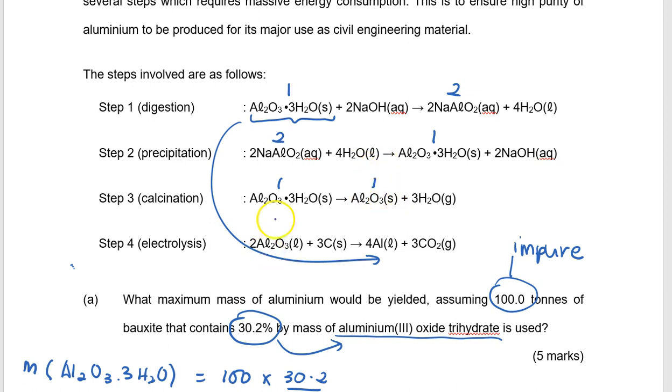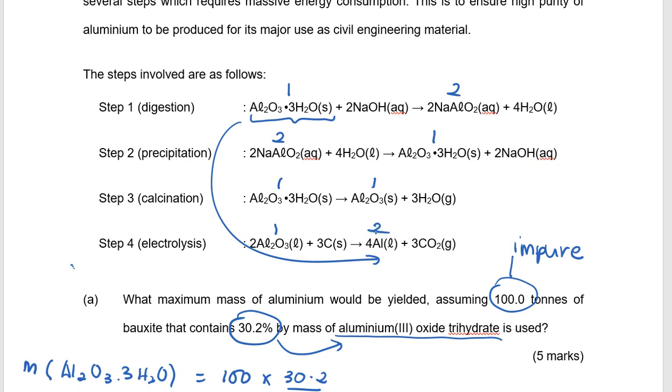So I bring forward my 1 mole to my last step, but I can use the stoichiometric ratio to identify how many moles of aluminium I will produce. According to the ratio, 2 moles of aluminium oxide produces 4 moles of aluminium. That is if I have 2 moles. So what if I have 1 mole? I will produce 2 moles. So if I started this whole process with 1 mole of aluminium oxide trihydrate, I end up with 2 moles of aluminium and not 4.